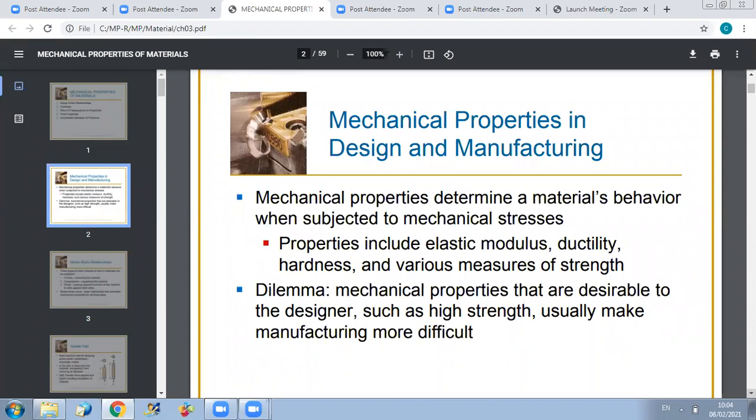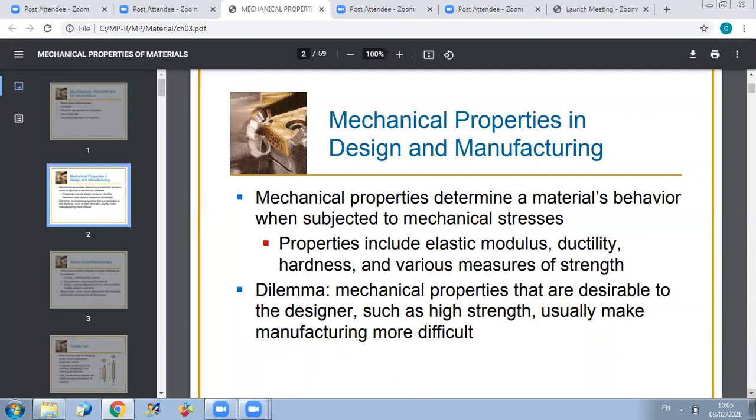Now, we have a problem concerning the mechanical properties desired, because in general, mechanical properties desired by the designer are, for example, high strength, but this can usually make manufacturing more difficult, because if you have a very hard material, then it will be difficult to deform it.